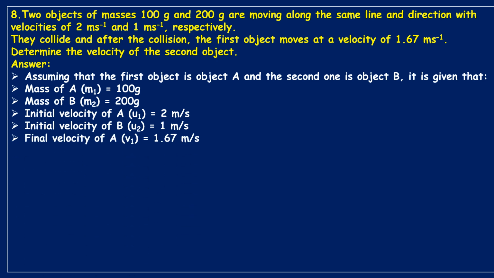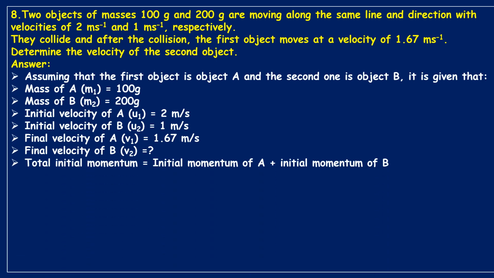The final velocity of A, v1, is given as 1.67 meters per second, and the final velocity of B, v2, should be calculated. So the velocity of object A decreased from 2 meters per second to 1.67 meters per second.